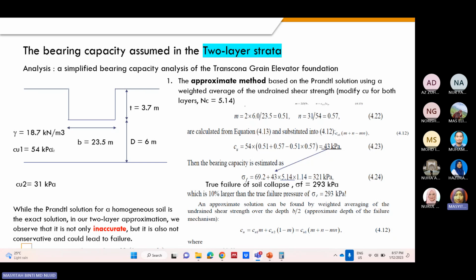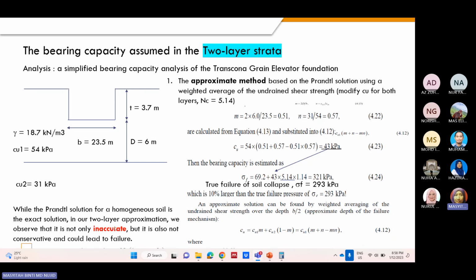But now neither 54 nor 31 is taken, but the adjusted or modified one. The adjusted CU of 43 brings the final surface load to 321 kPa. This is larger than the true collapse of the soil, which is only 293, about 10% larger than what actually happened. So an approximate solution can be found this way.